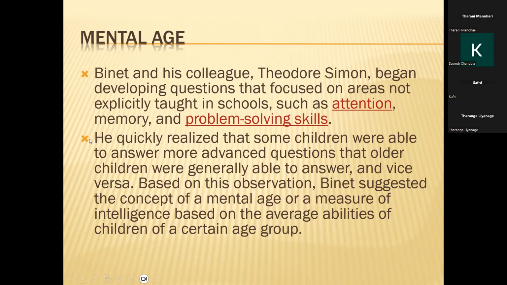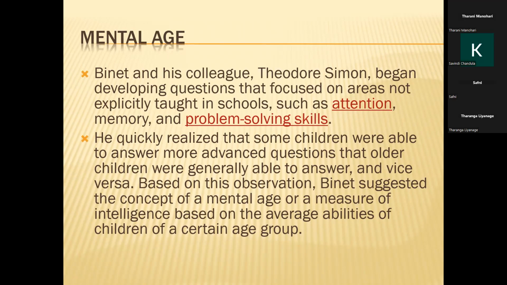Right, now look at the second bullet. We quickly realized that some children were able to answer more advanced questions that older children were generally able to answer, and vice versa. So just imagine that an 8-year-old child is able to answer questions meant for 10-year-old children. Then they have better intelligence than their age.